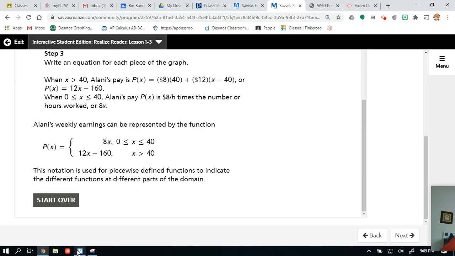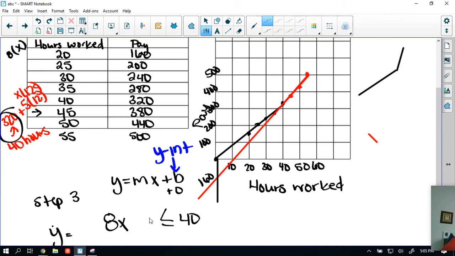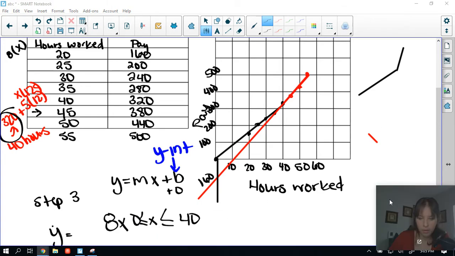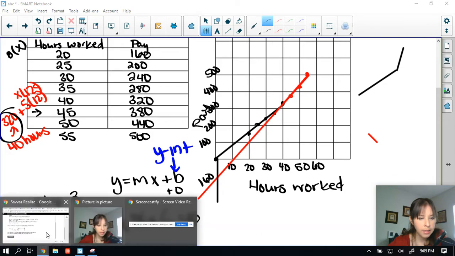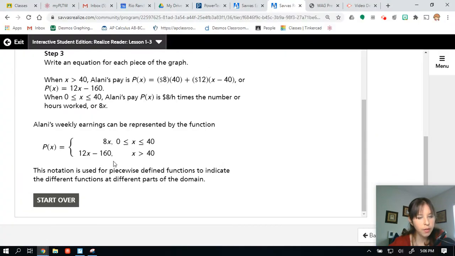And again, this is our domain, so I didn't put the 0 here, but we should include it because she cannot work negative hours. And then the second one is that second equation, 12x minus 160, for when x is greater than 40. We have two different functions now, but when x becomes 40, that's when one function ends and the other one begins.